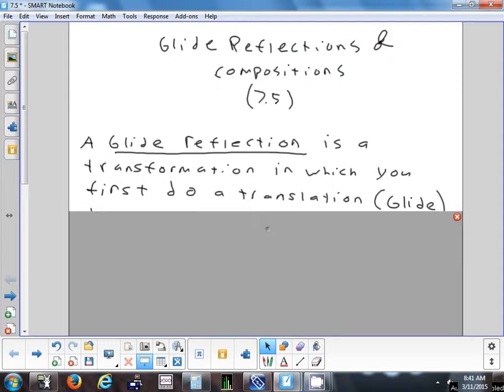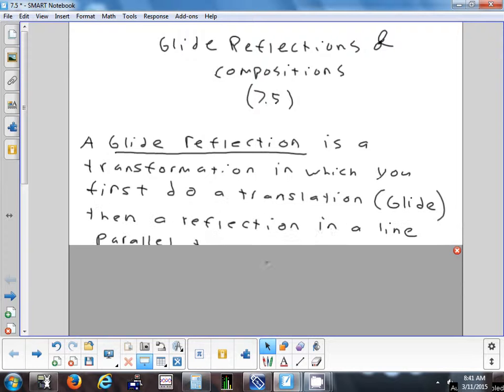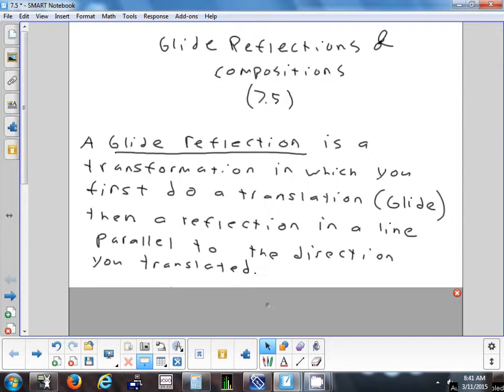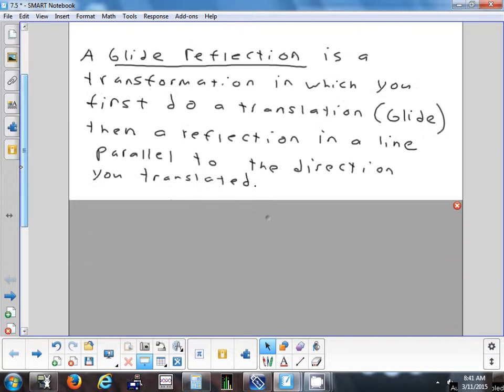So in a glide reflection, as I just said, first you do a translation, or glide something, and then you do a reflection over a line. But in a glide reflection, the line has to be parallel to the direction you translated.